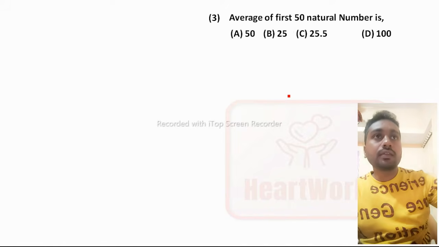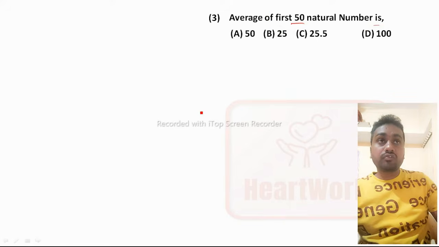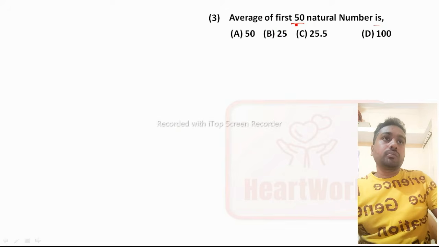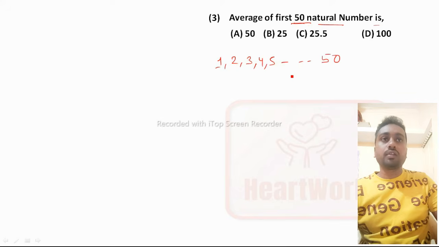Next, the average of the first 50 natural numbers is. Natural numbers means 1, 2, 3, 4, 5, like that till 50, and we have to find the average.